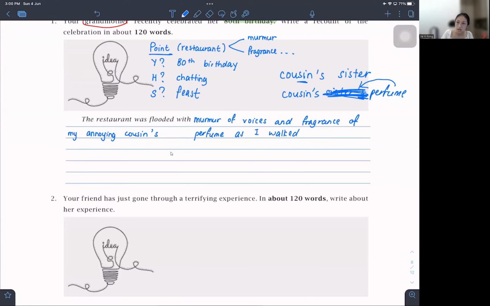Okay, so let's continue. As I walk into the restaurant. You want it to be a pub, you can. You want it to be a hotel, you can. Okay. Our extended family was there to celebrate grandma's 80th birthday.